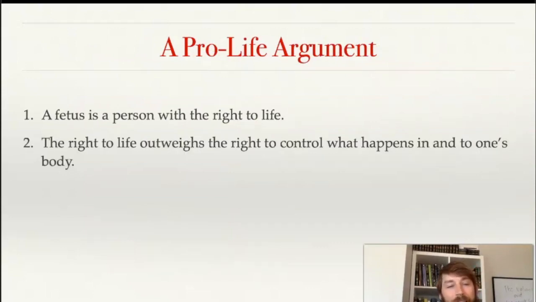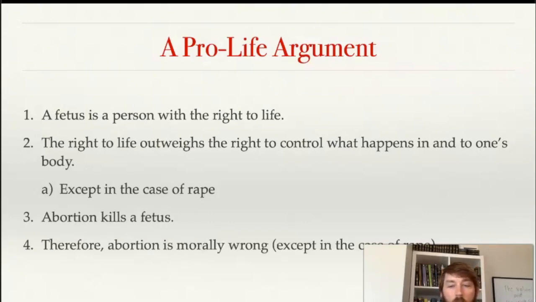We could still retain premise 2, the right to life outweighs the right to control what happens in and to one's body, except in cases where someone is kidnapped and forced to do something against their will. And this addition of "except in the case of rape" makes it more analogous to a case of pregnancy.